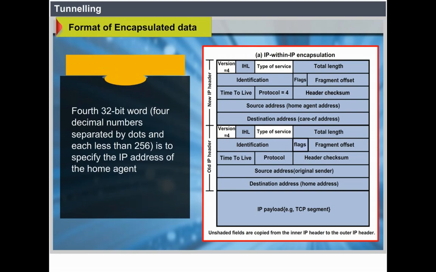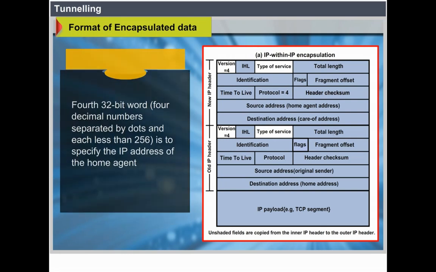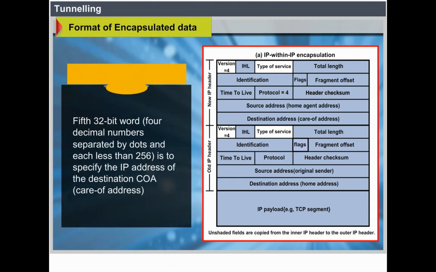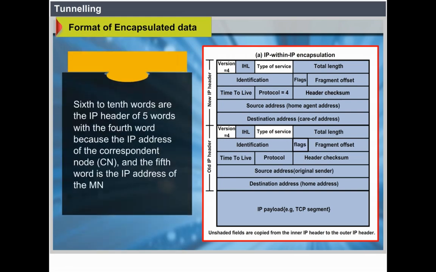The fourth 32-bit word, 4 decimal numbers separated by dots and each less than 256, specifies the IP address of the home agent. The fifth 32-bit word, likewise 4 decimal numbers separated by dots each less than 256, specifies the IP address of the destination, COA, care of address.